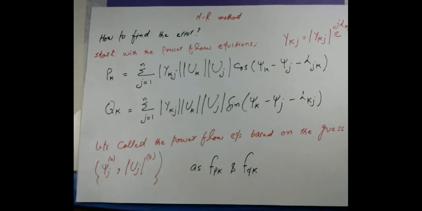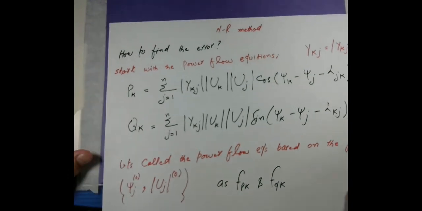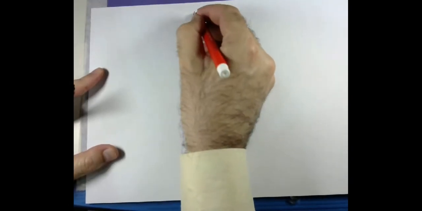So now we can write the FPK and FQK. Let me write the expression for the FPK and FQK based on the guess. Once again, we are talking about the Newton-Raphson method, so let me put it on the top.